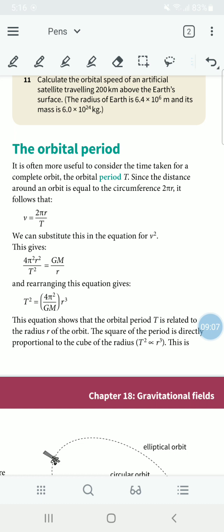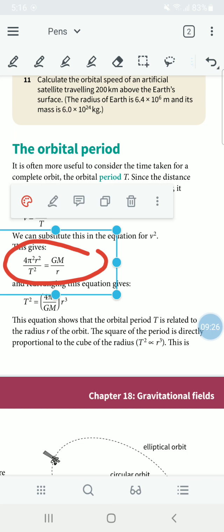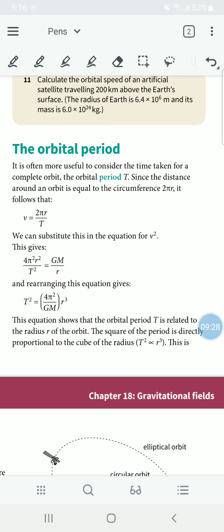Substituting for v squared in this equation, then write this equation, please: 4 pi squared r squared divided by T squared equals GM upon r. And then rearranging this gives us T squared equals 4 pi squared upon GM into r cubed.